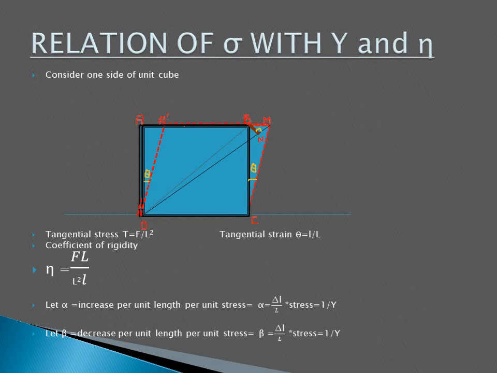Thus, tangential stress, which is equal to force upon area, would be equal to force upon capital L square, and tangential strain, that is theta, is equal to small l upon capital L. Now, the coefficient of rigidity, that is tangential stress upon tangential strain, would be force upon capital L into small l. Let alpha be equal to increment per unit length per unit stress, that is 1 over Young's modulus as we have seen earlier, and beta equal to decrement per unit length per unit stress.